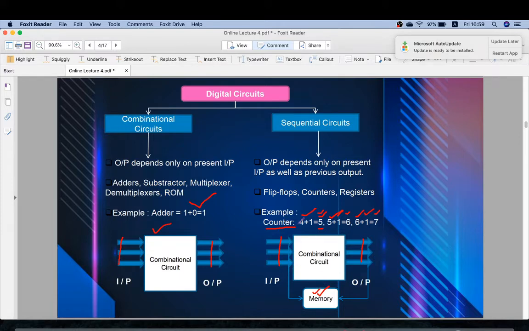In a counter, like 4 plus 1, 5 was the answer, so 5 was saved in the memory unit, and in the next procedure, it will add the output of the previous procedure from this memory unit. So the only difference you can see is the memory unit, and this memory unit helps the sequential circuit to add the output of the previous procedure.